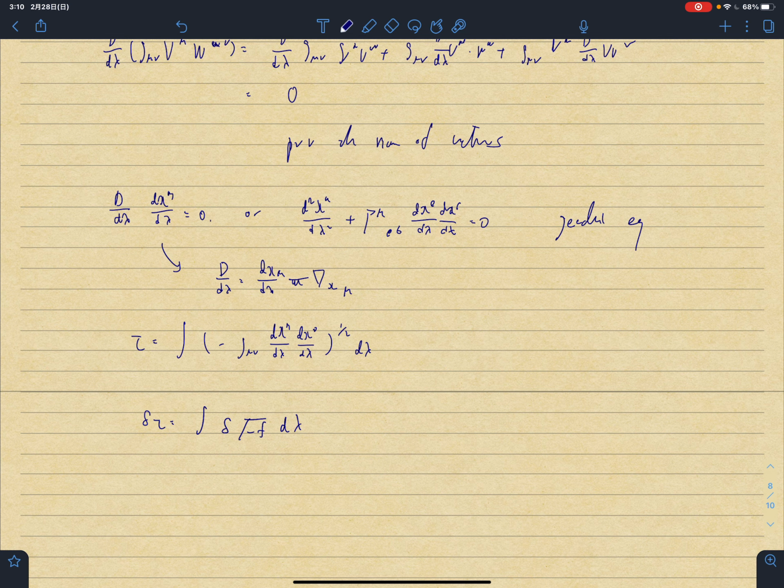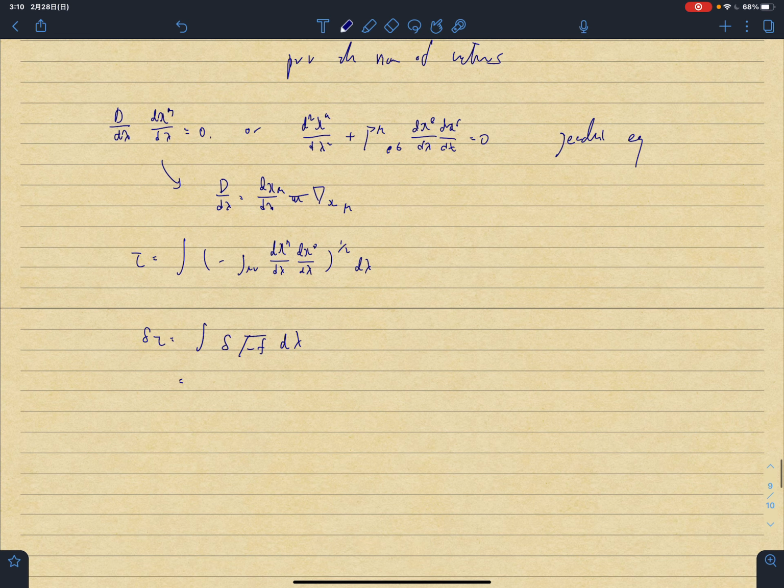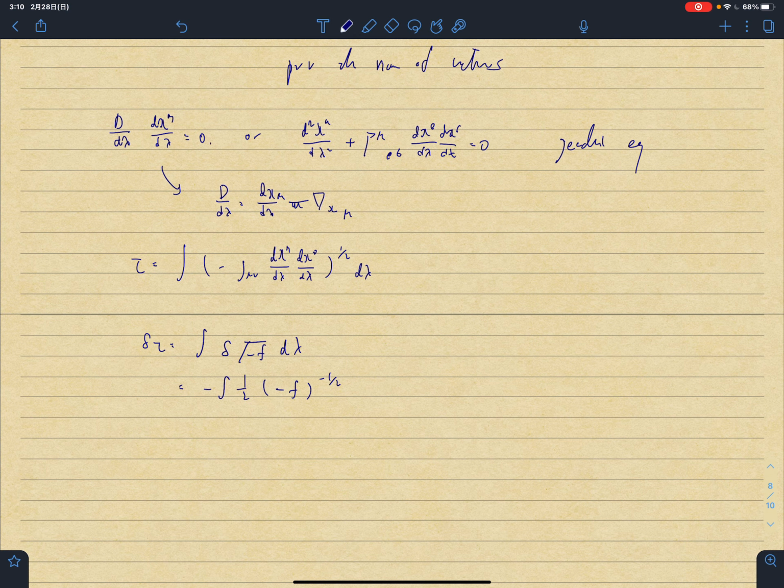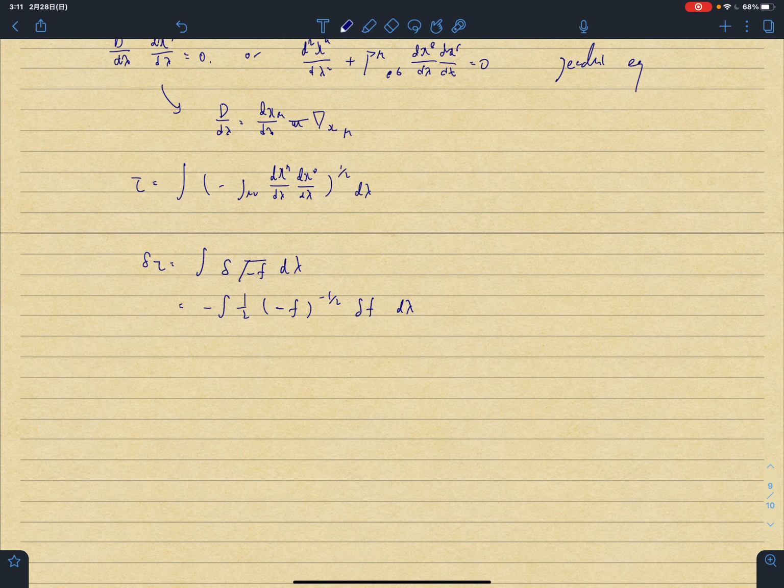So the variation acts like normal differentiation on one variable, but I think you should check the regular logic, in the case of variation, varying the path.